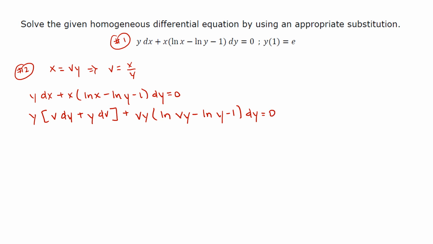Okay? Next, we can distribute the y in the first term.